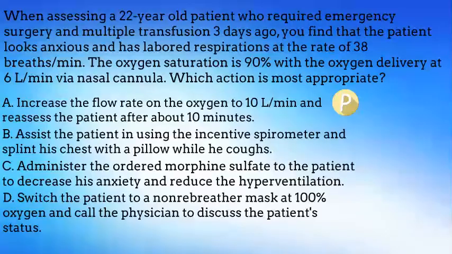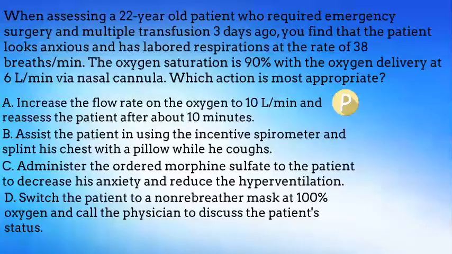Option B, assist the patient in using the incentive spirometer and splint his chest with a pillow while he coughs. Well, we teach the patient to splint and cough and use the incentive spirometer to prevent pneumonia after a procedure. So this answer has to do with the patient's safety, preventing an unwanted outcome. So as of right now, that leaves option A as our priority.